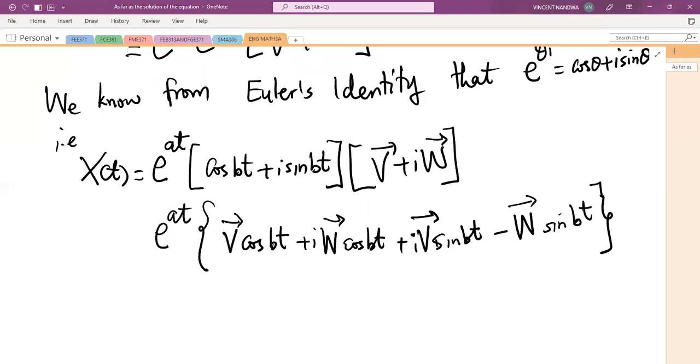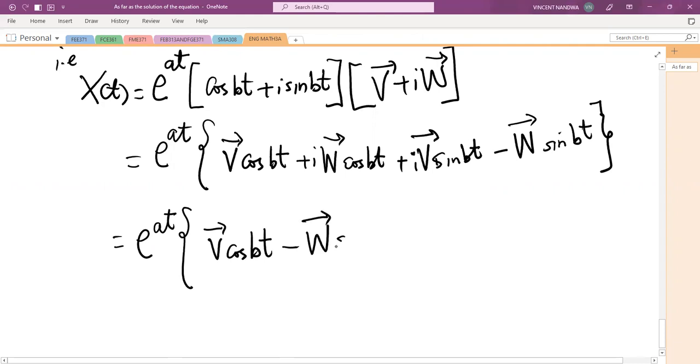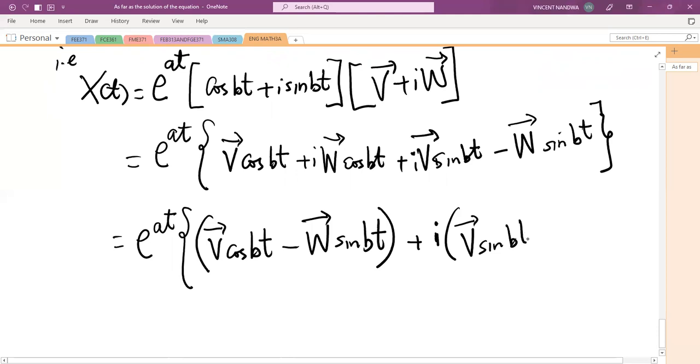So what we do, we collect real parts and imaginary parts. So this will be e raised to power at. So this is v cosine of bt, and then minus w sine bt, plus, so I factor out i, v sine bt plus w cosine of bt.